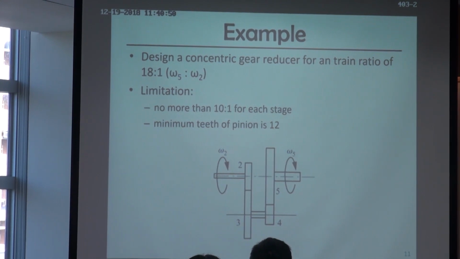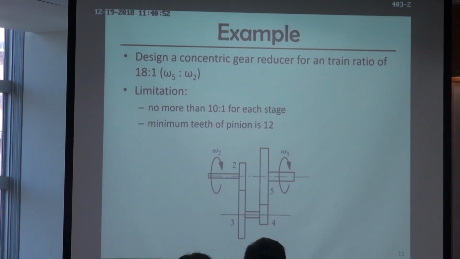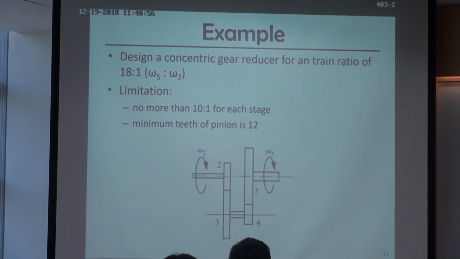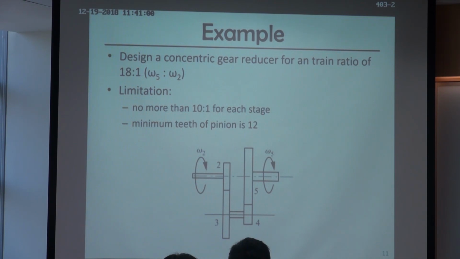That means, let's say if N5 is 12, then N4 cannot be larger than 120. So the gear ratio of one stage cannot be larger than 10.